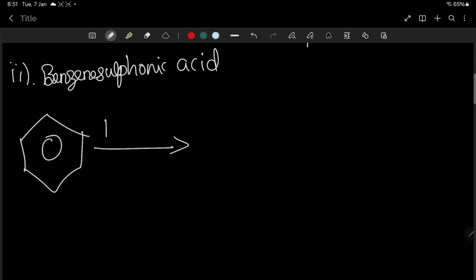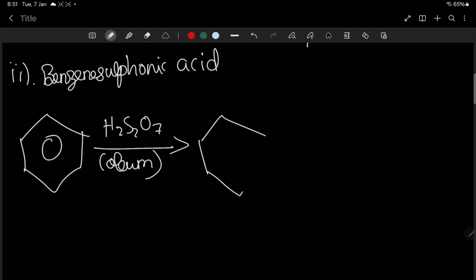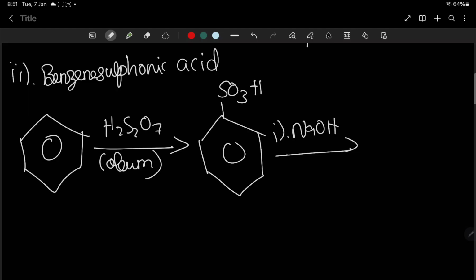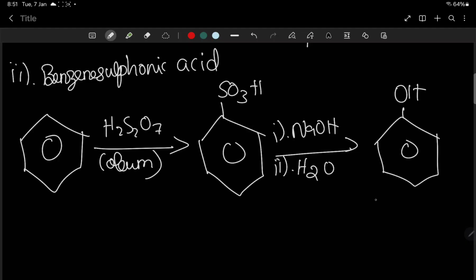Oleum means H2S2O7. What happens is that we get sulfonated benzene, that is SO3H. Now into this you can add NaOH and water, so that we get phenol. This is the next method.